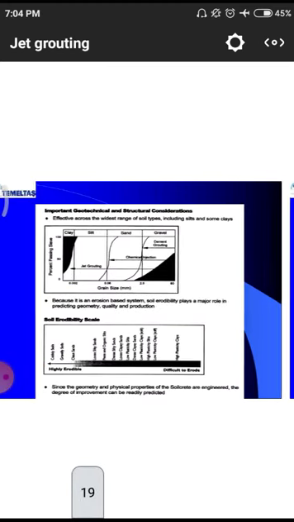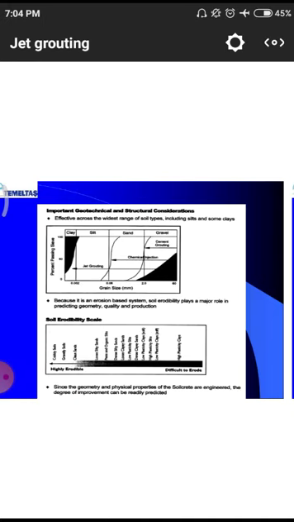These are the graphs they have to obtain by different jet systems. Depending upon the soil conditions, whether it may be sands or silts or clays, how those behave we have to observe, and depending upon the geometry of the structure and properties, and which phenomena we are using, whether it is a shotcrete or jet or any other, we have to observe those phenomena according to these conditions of the soils, and whether their improvement is taken care of or not.